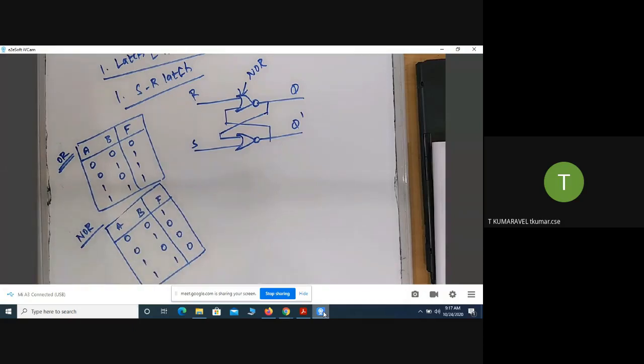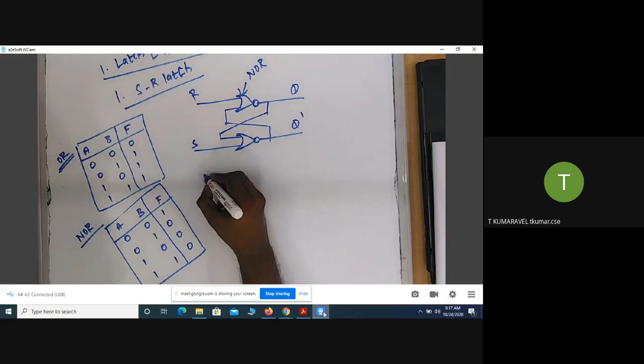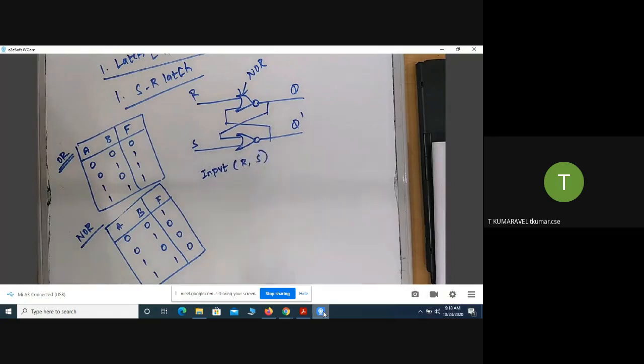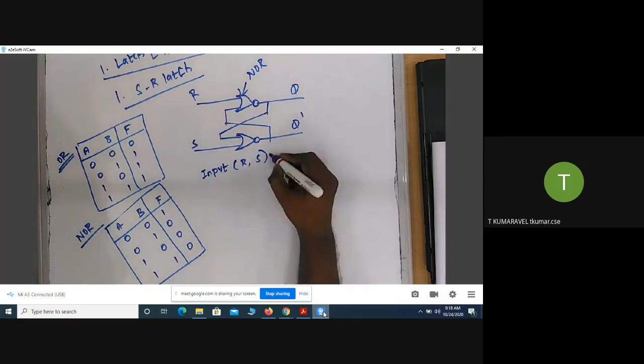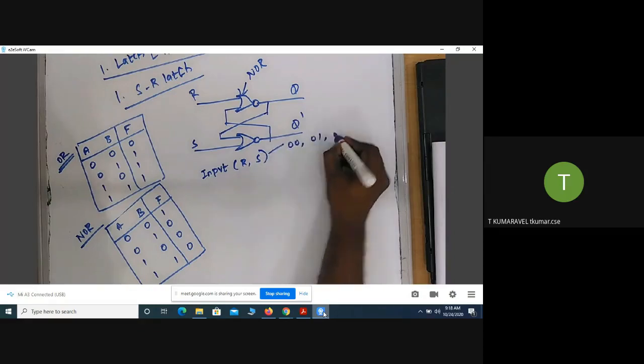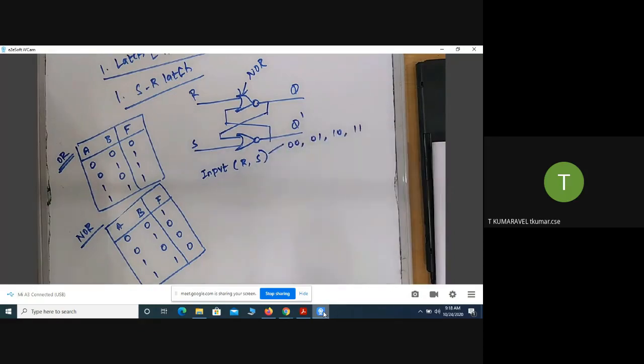Now what I'm going to do? Here, how many input variables are available? Only two variables, one called R and another called S. With two variables, the input combinations are 00, 01, 10, and 11.